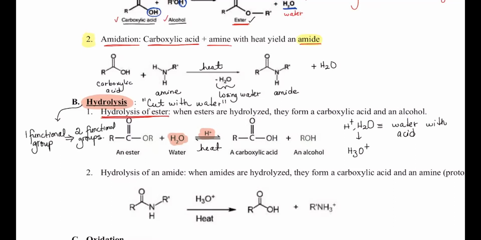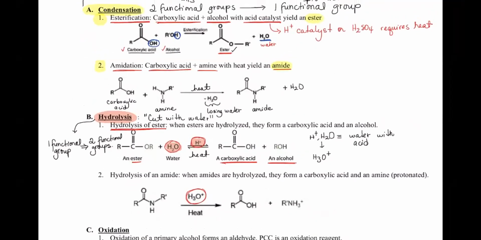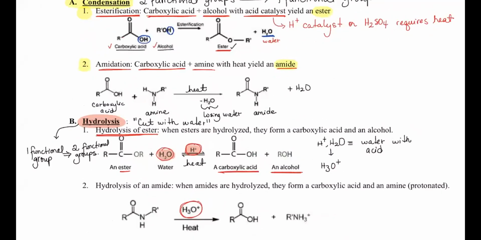So when we are hydrolyzing an ester, again, under acidic conditions, meaning that we have this H plus and H2O, or we see that H3O plus, our ester specifically is going to form a carboxylic acid and an alcohol, okay? So hydrolysis of an ester is going to be the opposite of condensation to form an ester. I hope that you guys can observe that.